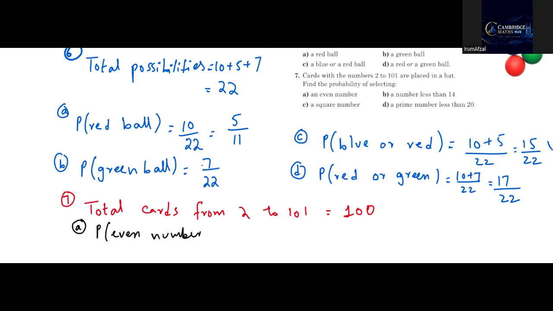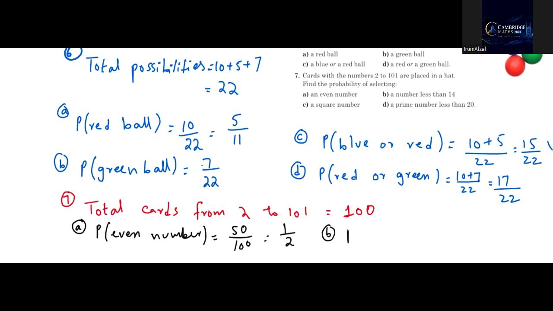If you count numbers from 1 to 100, they alternate odd, even, odd, even. So with 100 cards, 50 would be even and 50 odd. So it is 50 out of 100, and 50 times 2 is 100, which simplifies to 1 over 2.